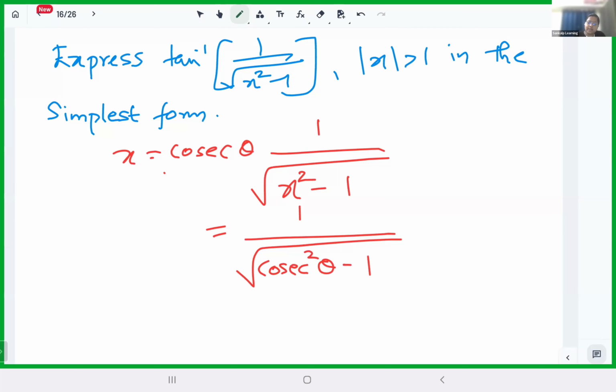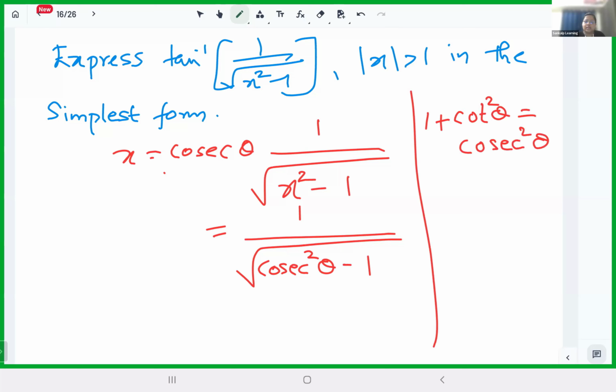What is cosec square theta minus 1? Cot square theta. Because we have studied an identity, 1 plus cot square theta is equal to cosec square theta. So from this you get that cosec square theta minus 1 will give you cot square theta.